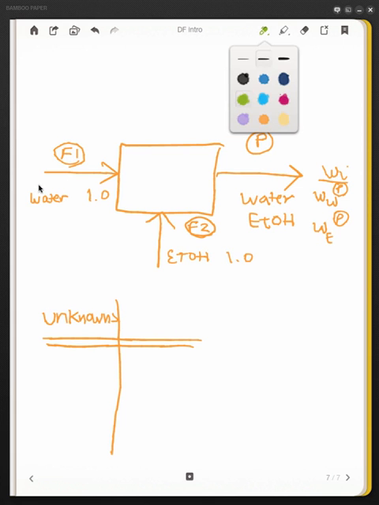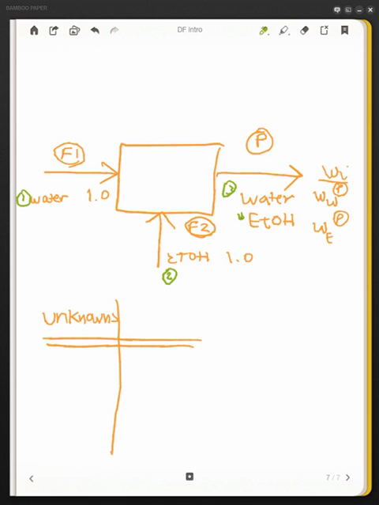What you do is you count the number of species in each stream. So if your diagram's written out correctly, it's very easy to do. You get 1, 2, 3, 4. So that's how many unknowns we have.